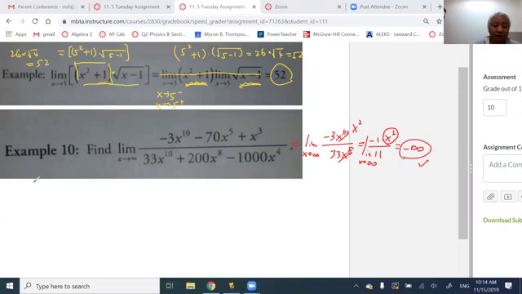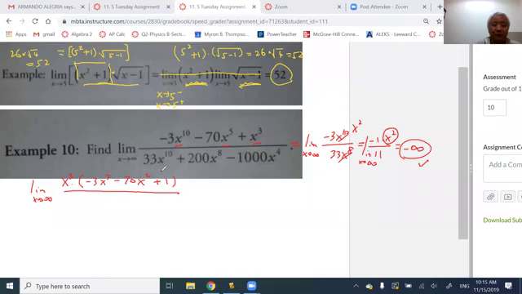You can go, this is the limit as x approaches infinity, and you take what? x to the 10th, x to the 5th, and x to the 3rd. The greatest common factor is x to the 3rd. Take it out. So you have -3x to the 7th power minus 70x squared plus 1 of this.